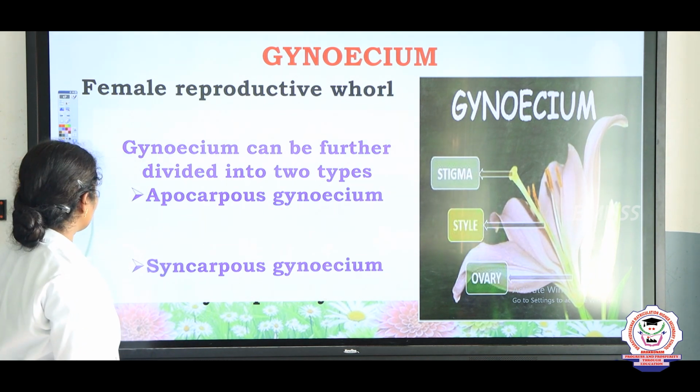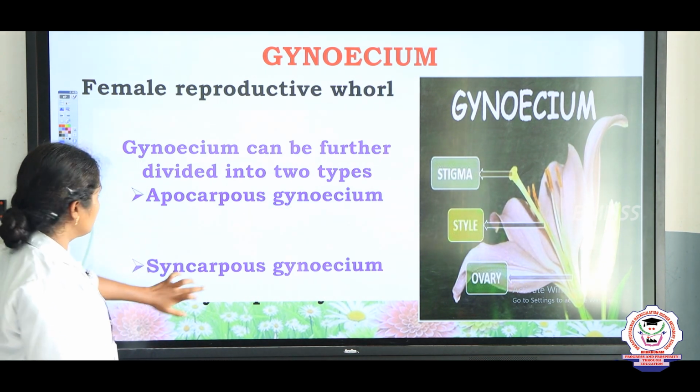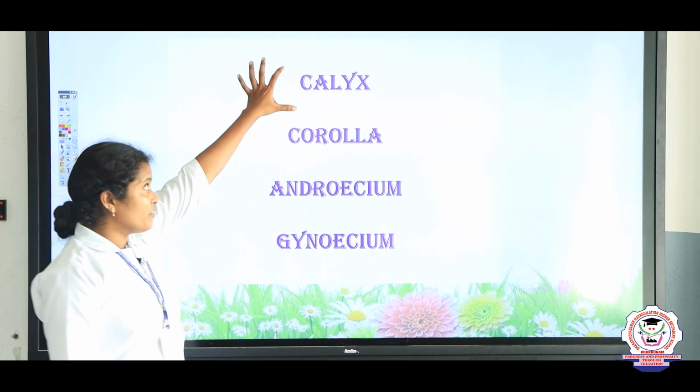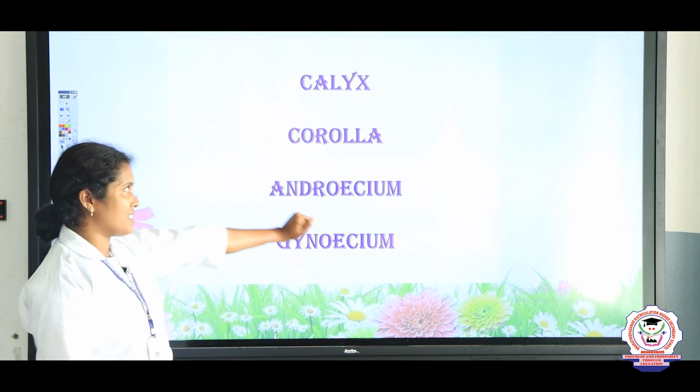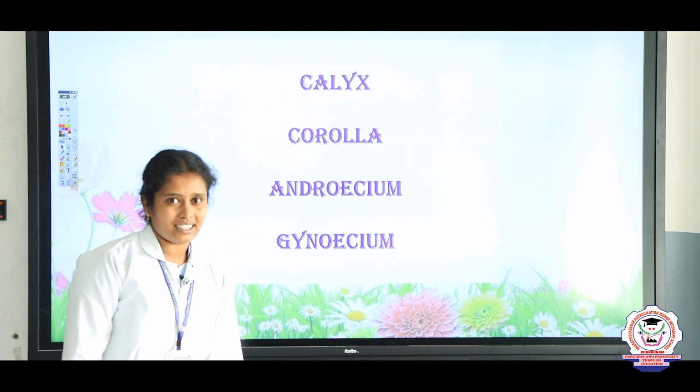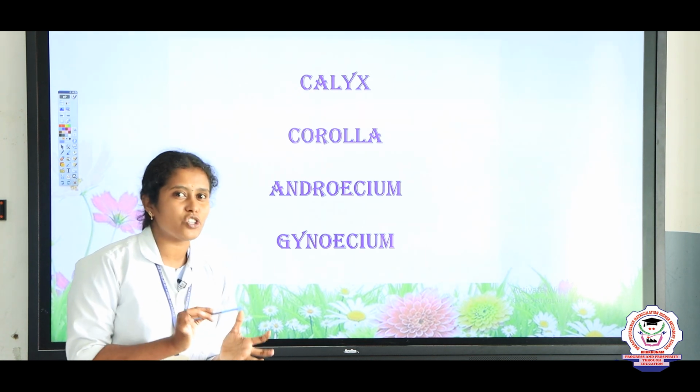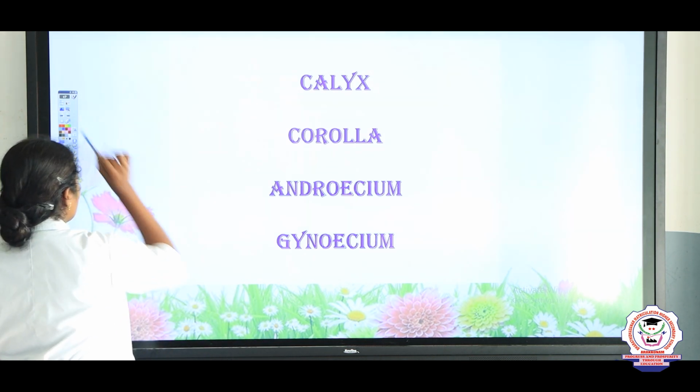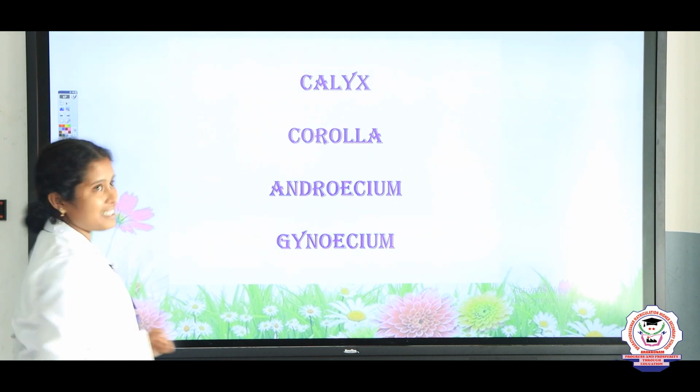Okay, now let us see, what are the functions of floral parts? The main function of calyx is protection in the stage of bud condition. See here, what is the main function of calyx?